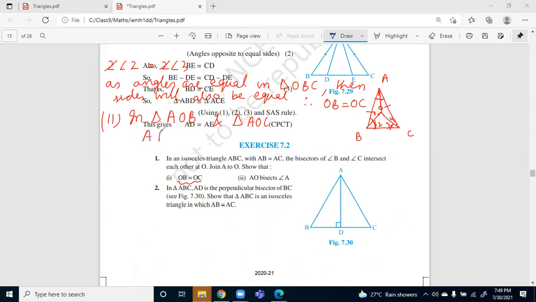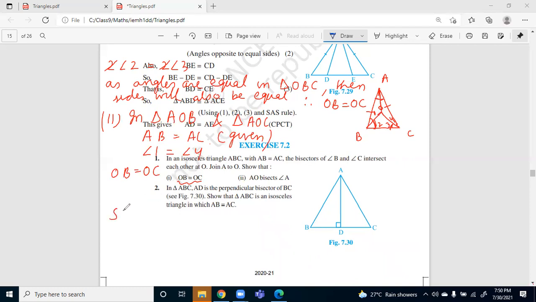In triangle AOB and triangle AOC, AB is equal to AC, this is given. Angle 1 is equal to angle 4, this we have also proved. And OB is equal to OC, which you have just proved in the first part. So you can see this is side, angle, side.